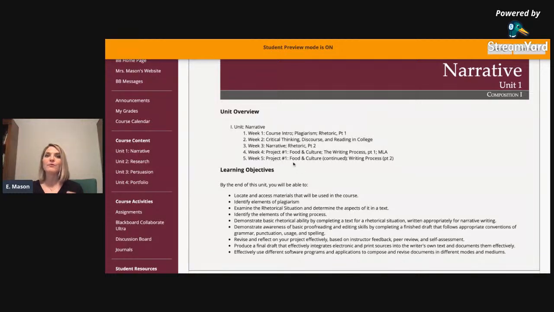And week 5, we're going to work on the food and culture continued. So that's the second part of it. And the writing process, part 2. So usually when we're actively working on a project, so everything else in the unit, like weeks 1, 2, and 3, those build up to the last couple weeks of the unit with that project that we're working on.